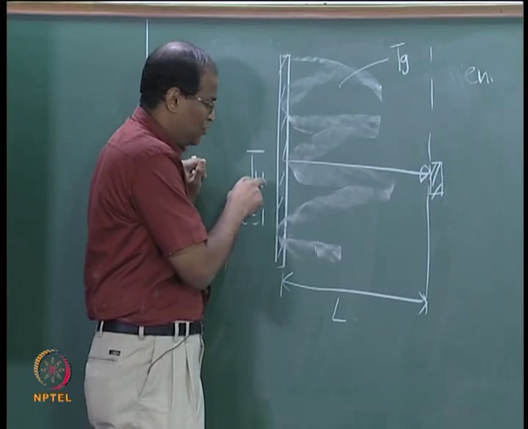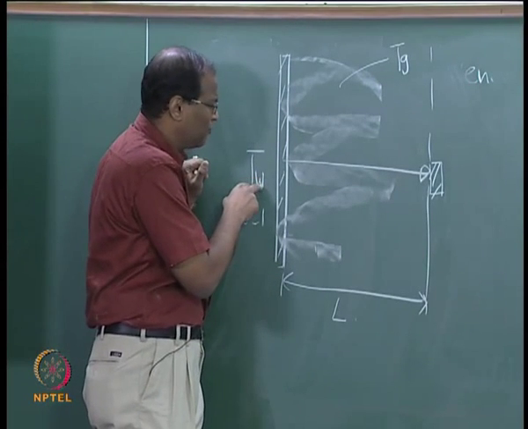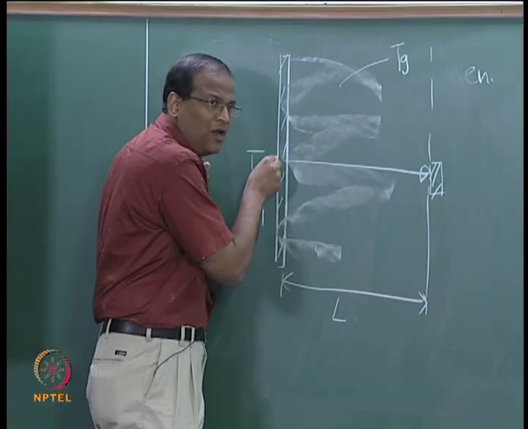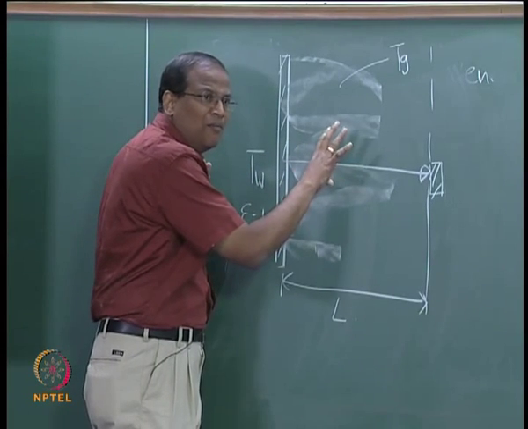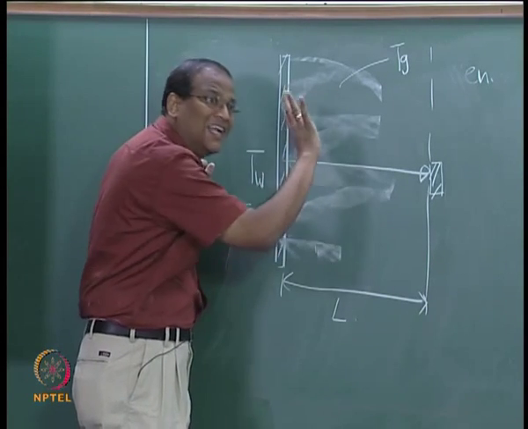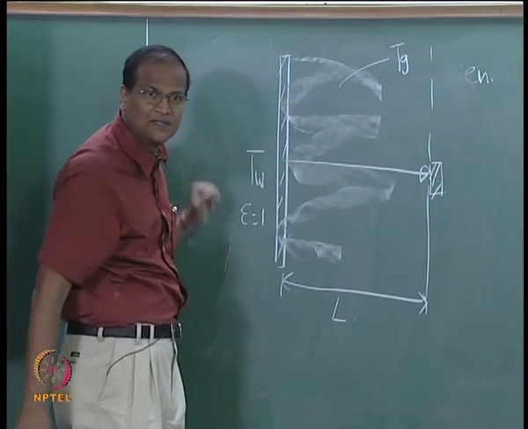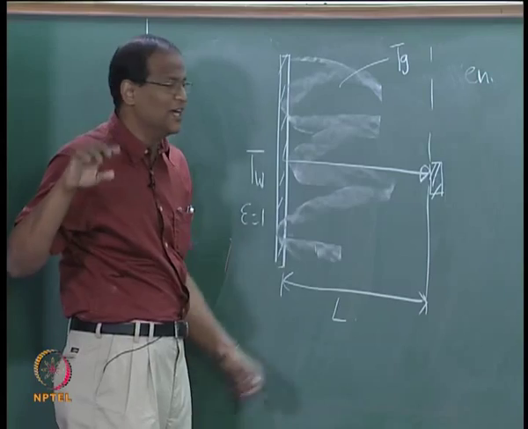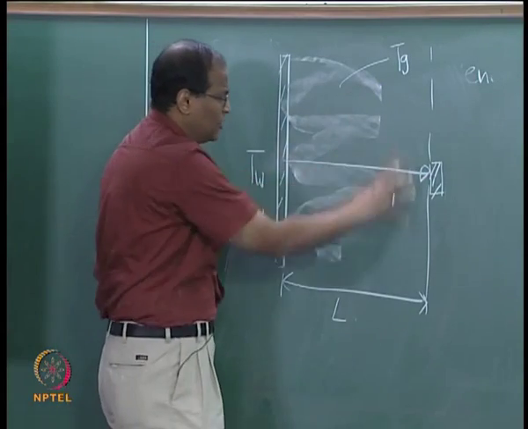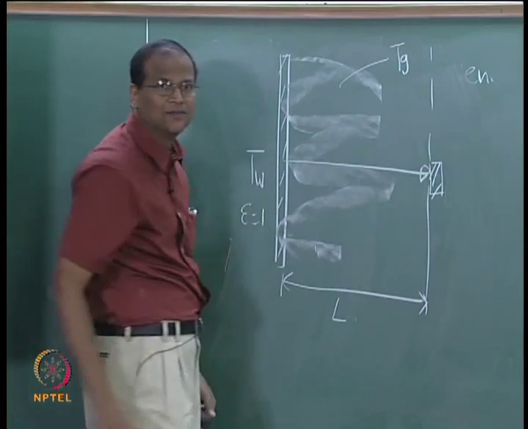This originates from the wall, is modified or attenuated by the presence of this participating media, and eventually reaches this. That is not the only radiation arriving here; there is also the radiation from the gas.